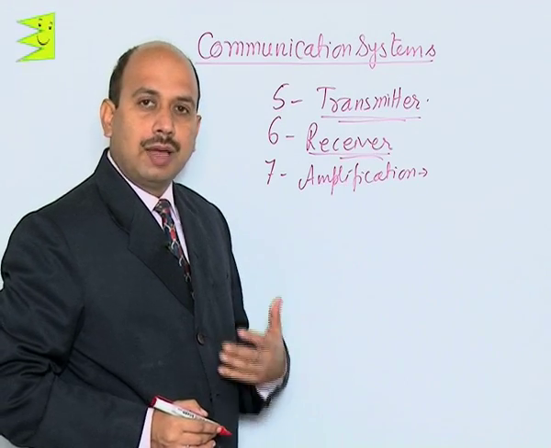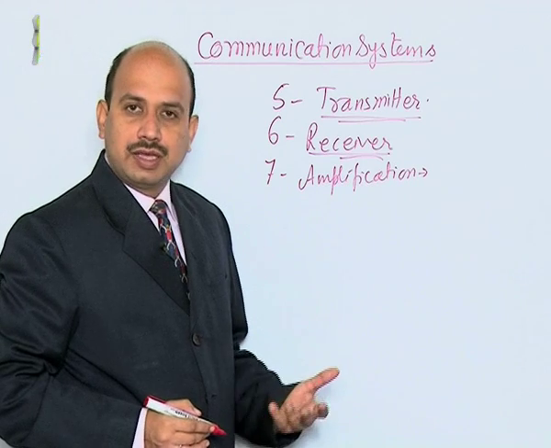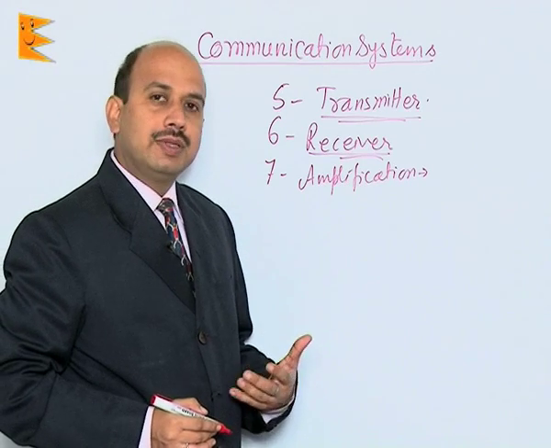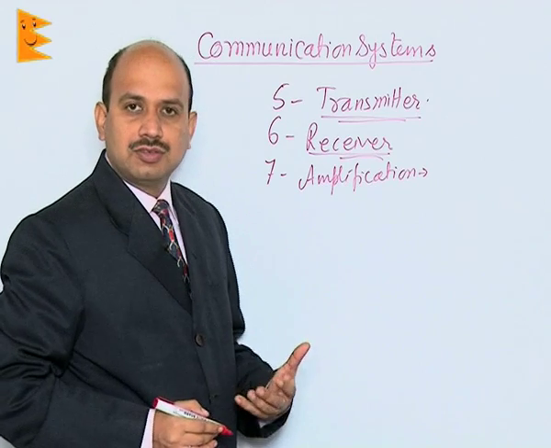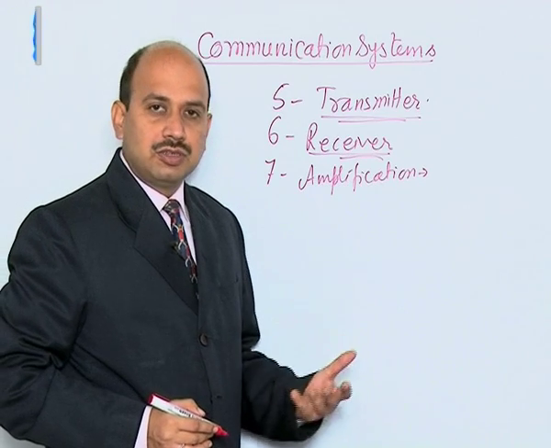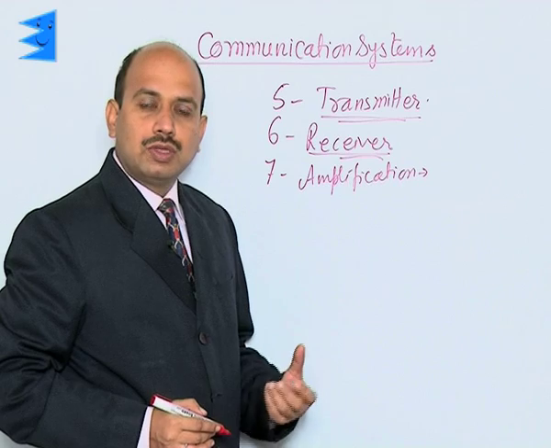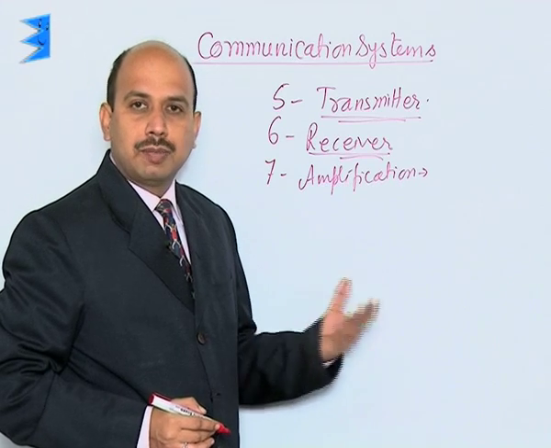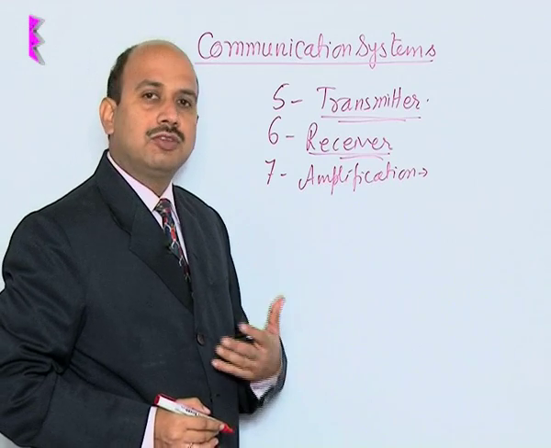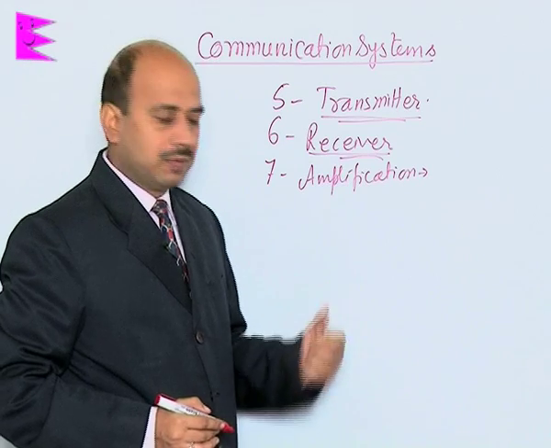So, the amplitude or strength of the signal is increased. This is very important because when signals travel large distances, the strength gets reduced, or attenuation takes place. That loss is compensated by this process and signals are made suitable for the receiver.